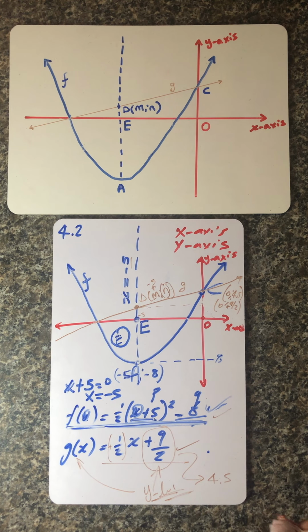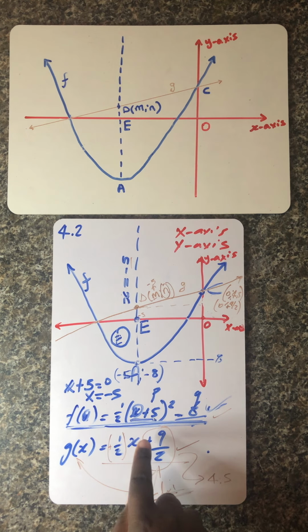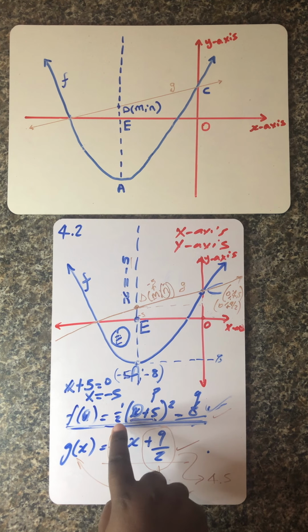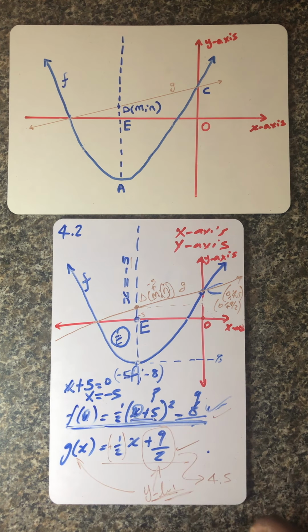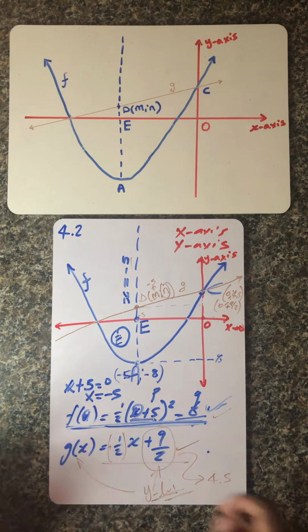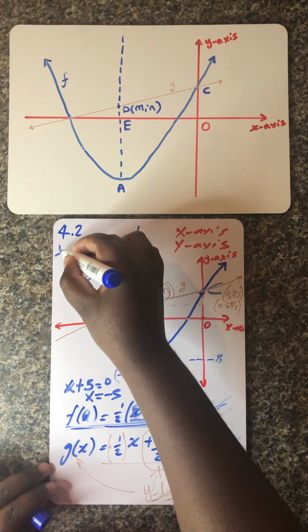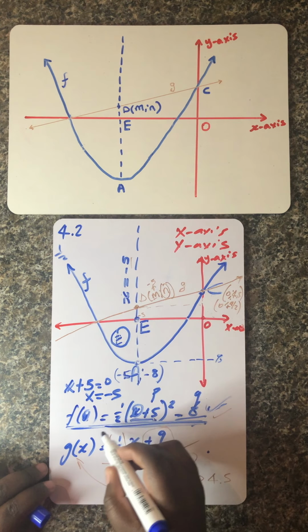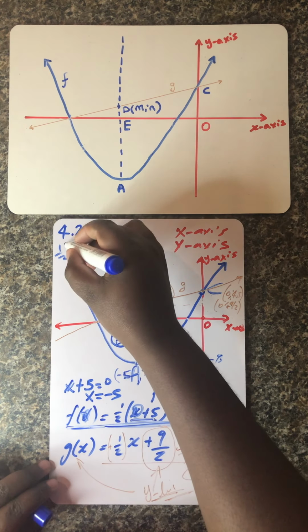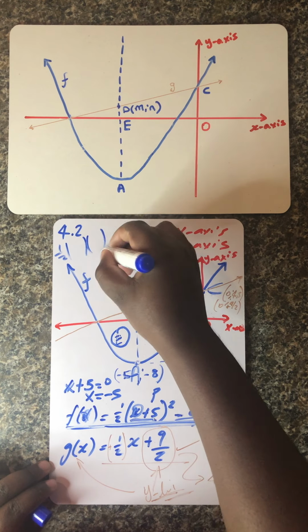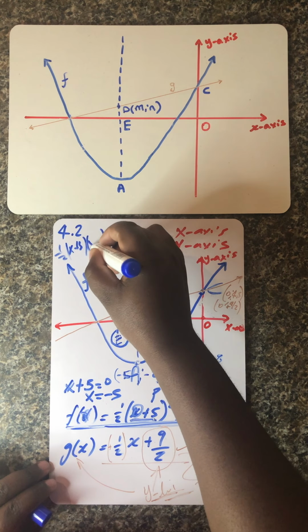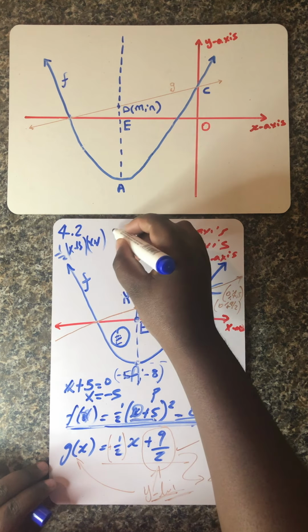Okay, and again, what matters the most, guys, if you have a chance, I would encourage you to write that formula in standard form. For example, f of x equals half, x plus 5 squared, minus 8.